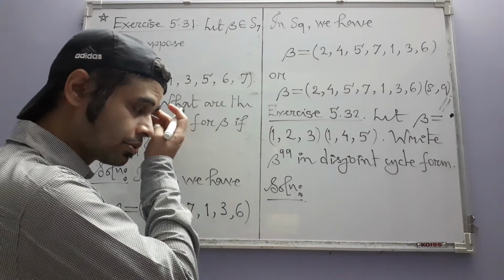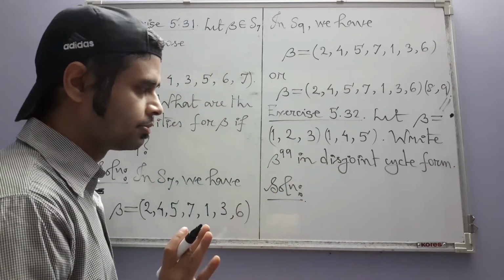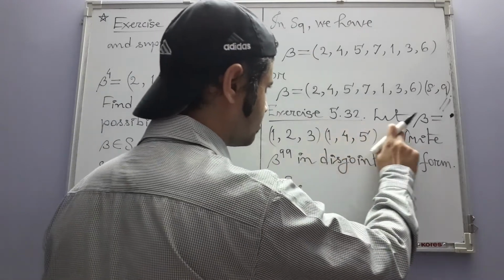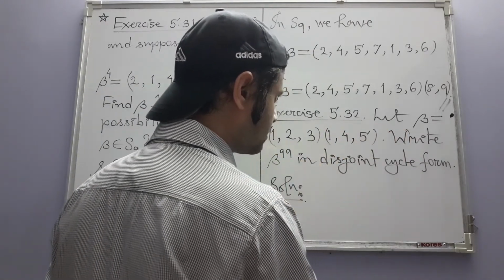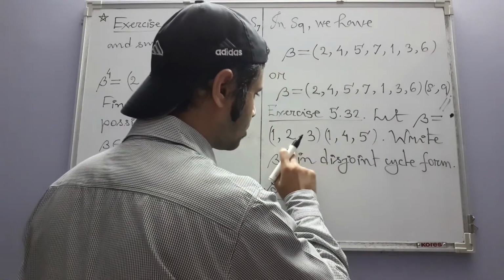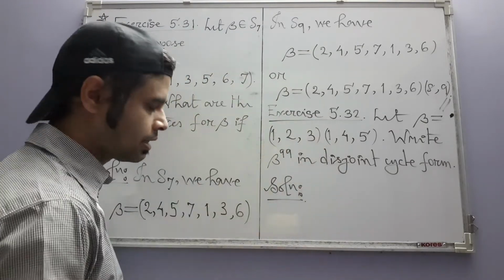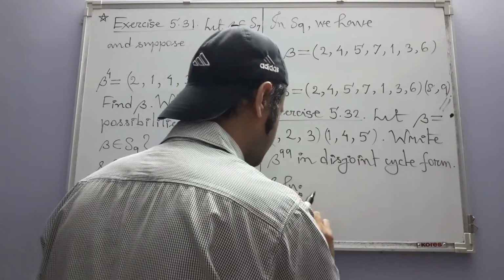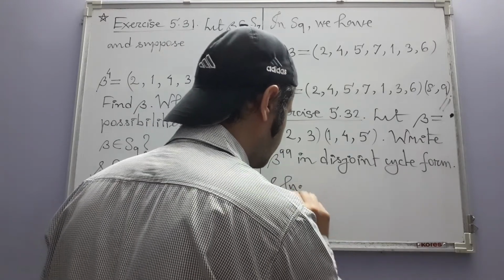But you have to keep one thing in mind, that these cycles are not disjoint. Oh, did I say while I was writing this that beta is the product of these 2 disjoint 3 cycles? If I said that, then that is wrong. Beta is the product of 2 3 cycles, but they are not disjoint. You have 1 here in both the cycles. So let us first write beta as a product of disjoint cycles. We do that first.